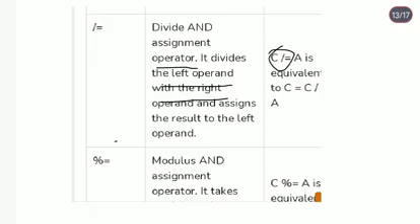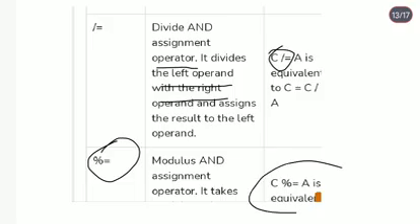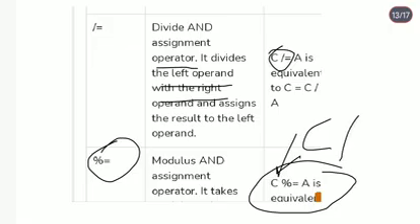And try to understand this one, the modulus and assignment operator. It will do the operation that is given, and finally this will give the value of C. It is not written completely, so try to understand: C = C % a.